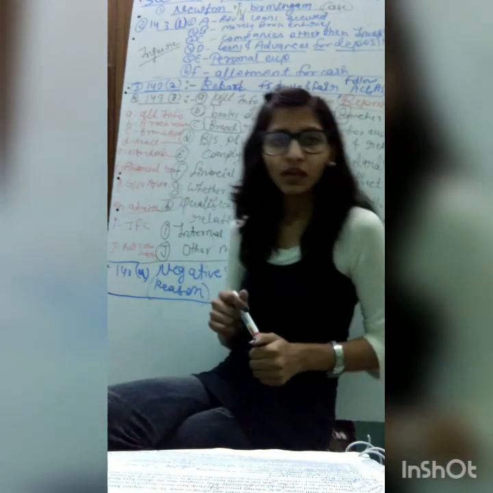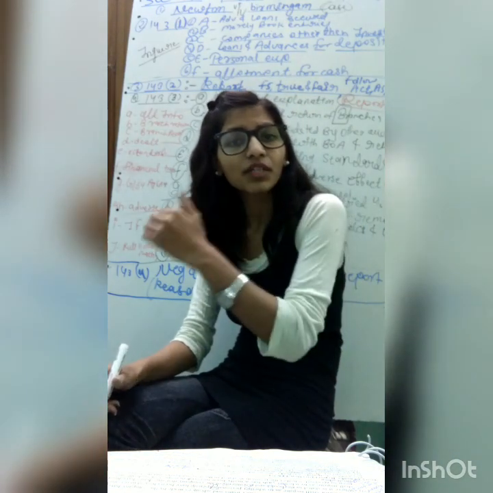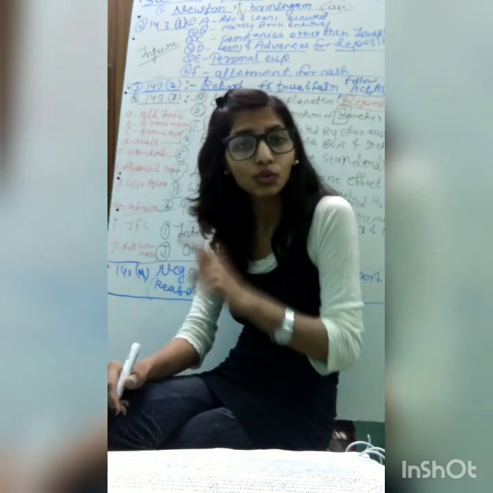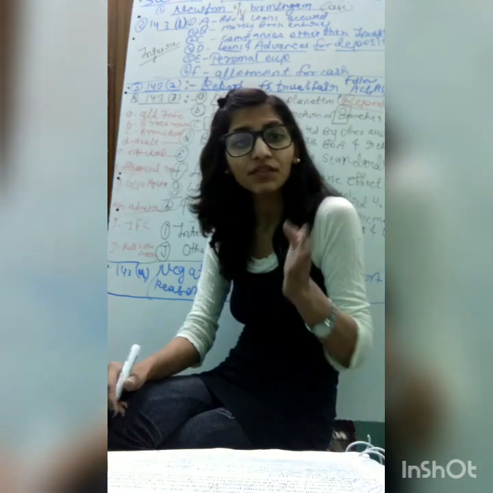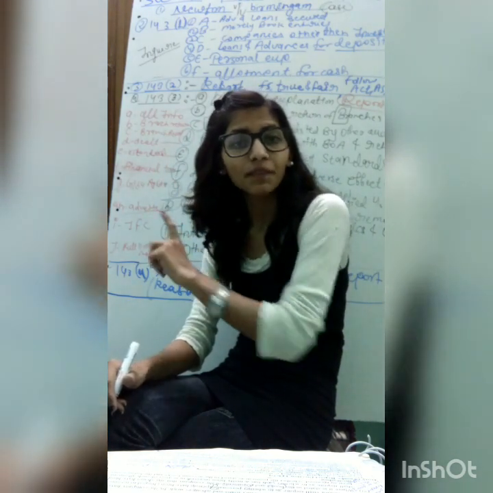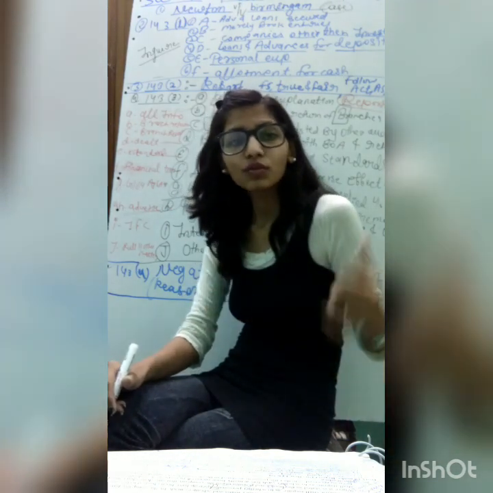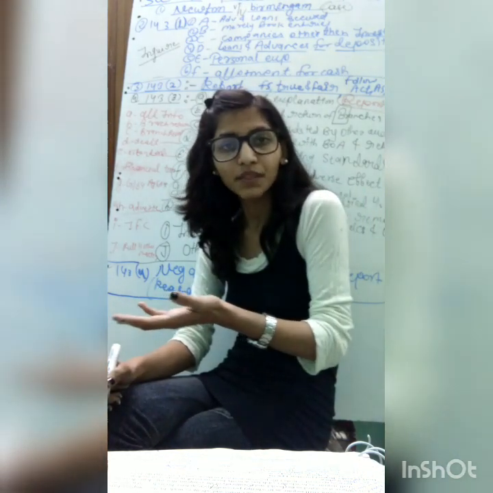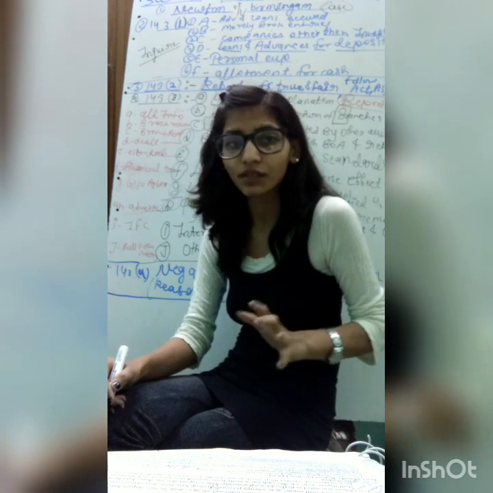So small company is covered in the definition of small company under section 2 clause 85, and OPC is covered under the definition of one person company, section 2 clause 69. Other than these companies, as an auditor we should report on the internal financial control.